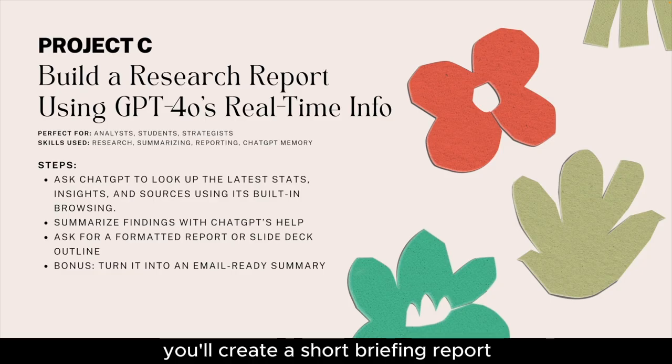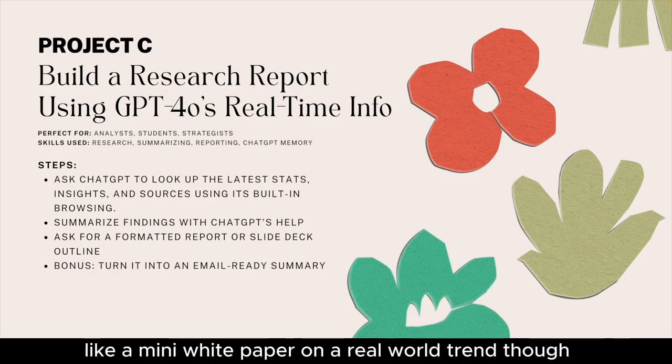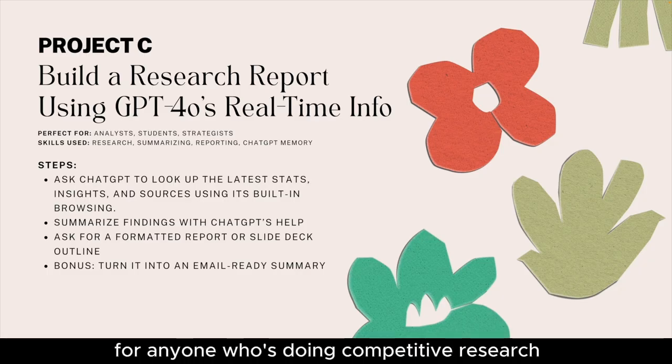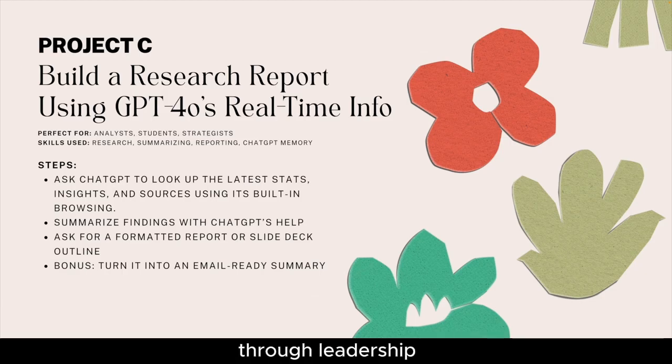You'll create a short briefing report, like a mini white paper on a real-world trend. So it can be about AI hiring, remote work, or climate tech, really anything that you can think of. This is kind of like a power move for anyone who's doing competitive research through leadership or even staying on top of their field, because ChatGPT in this instance becomes your personal co-researcher.